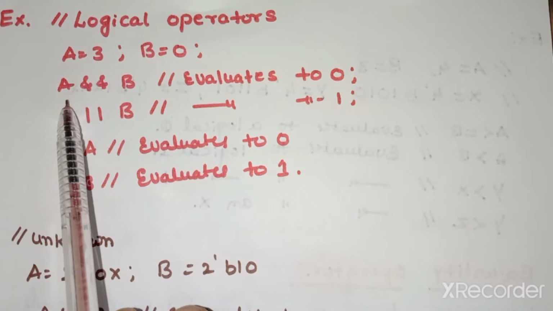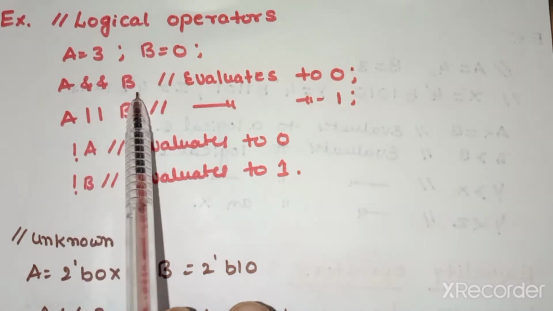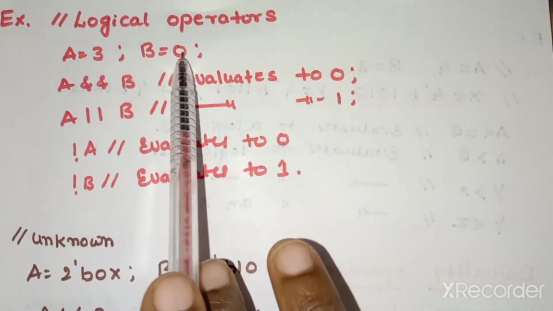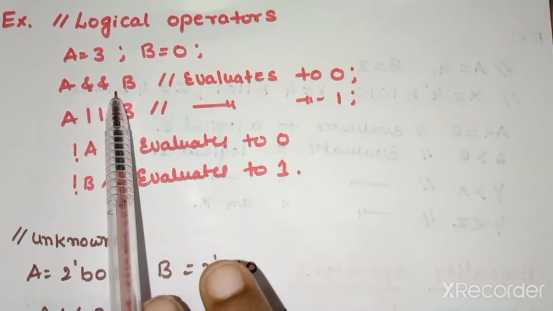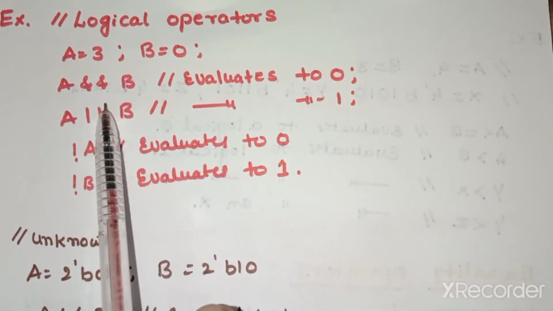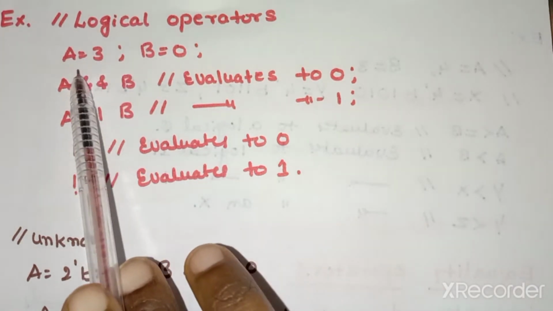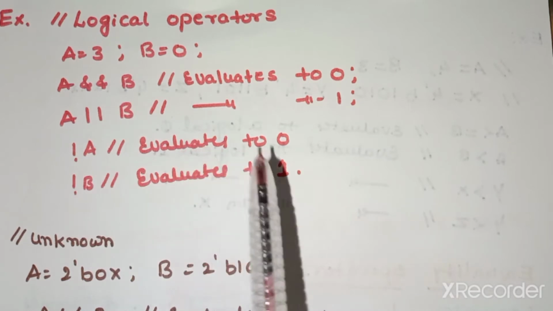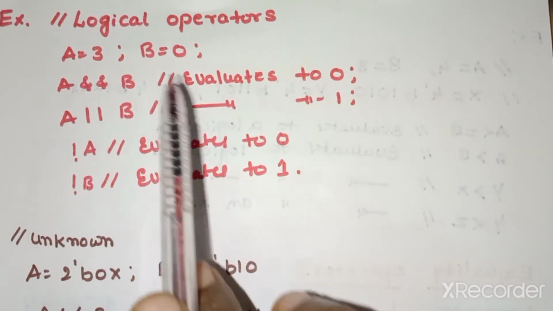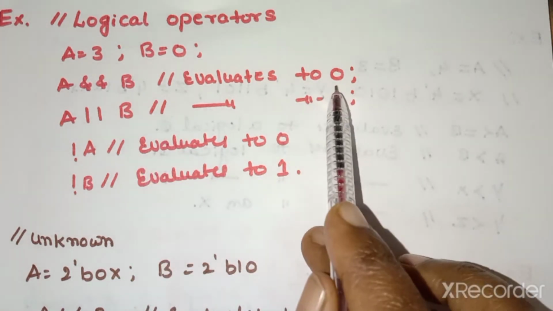If I evaluate A logical AND B, what is the answer? A is 3 and B is 0. The AND operator evaluates to 0. How? It treats A as logical 1 and B as logical 0. The answer for 1 AND 0 is 0.